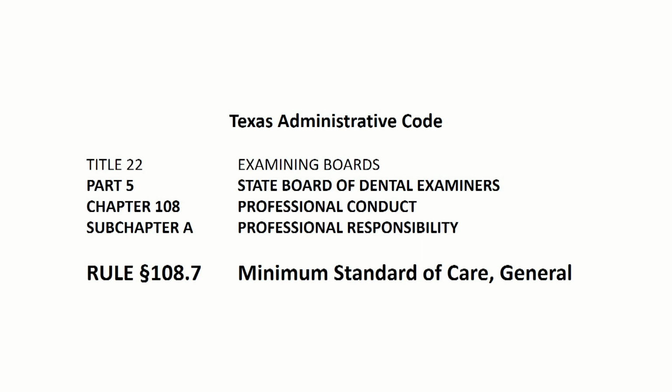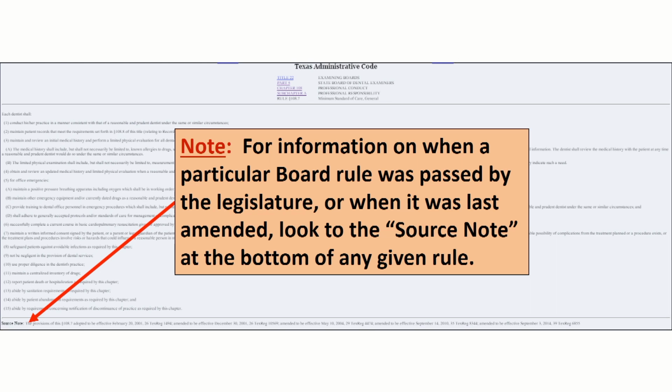Rule 108.7, minimum standard of care. Also, as we read through this rule, something that's important to note is the source note given at the bottom of each individual rule. There you can find information on when a particular board rule was passed by the legislature or when it was last amended, and all of this can be found in this source note. That gives you a sense or an idea how long a particular rule has been in effect.